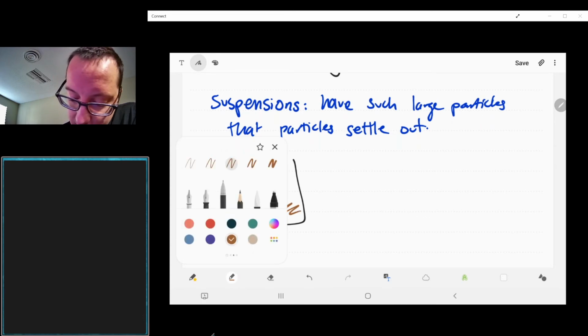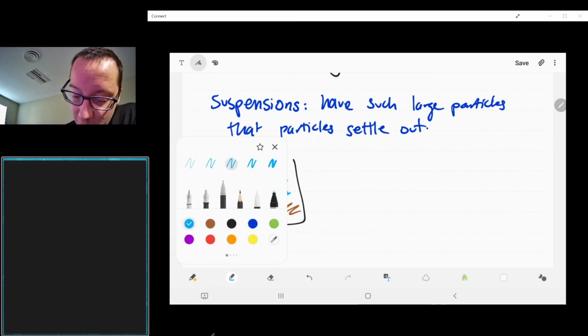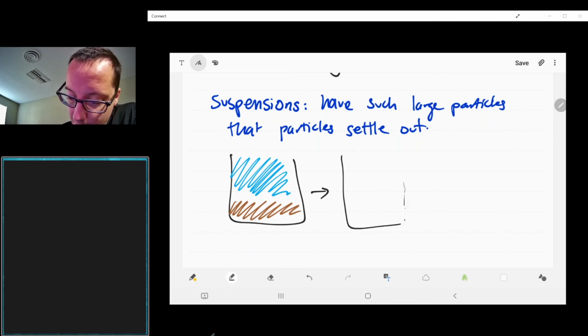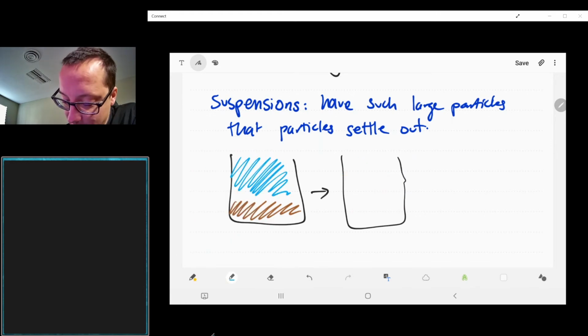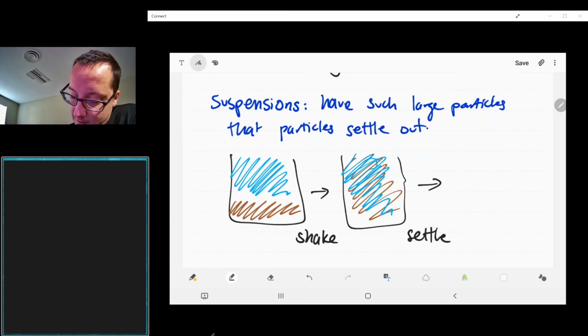If we take some mud and water, we can mix that together to form muddy water. And we know that it's going to stay that way for a while. Okay, there we go. But eventually, if we just shake it up here and then let it settle out, it'll go back to its original form.